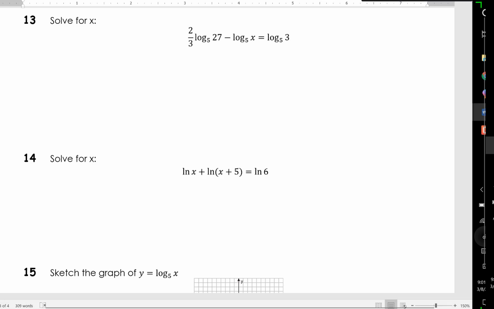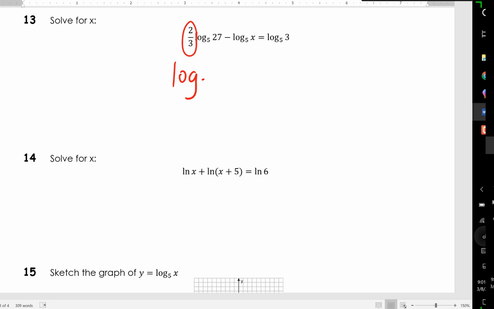Okay, number 13, you have to use your rules for logs here. First of all, if you have a coefficient in front of your log, like 2/3, you can put that into the exponent of the argument. So log base 5 of 27 to the 2/3 power minus log base 5 of x equals log base 5 of 3.